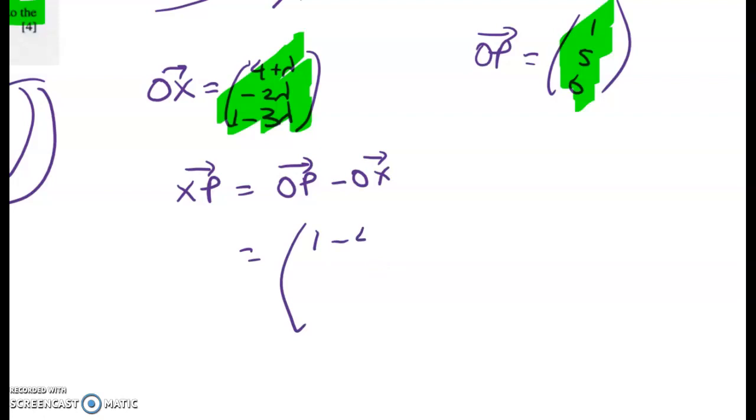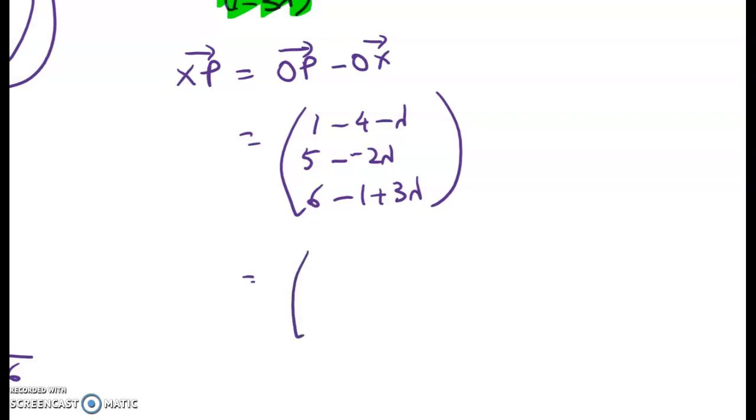So it's 1 minus 4 minus lambda, and then it's 5 minus negative 2 lambda, 6 minus 1 plus 3 lambda. That gives me (-3 - λ, 5 + 2λ, 5 + 3λ).